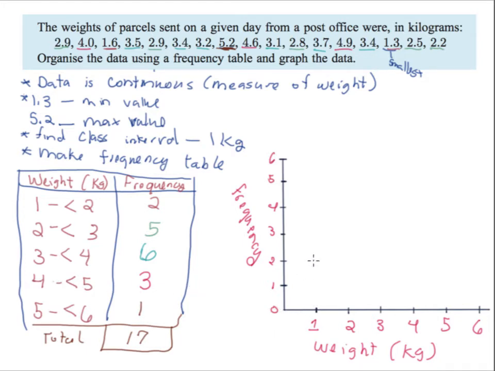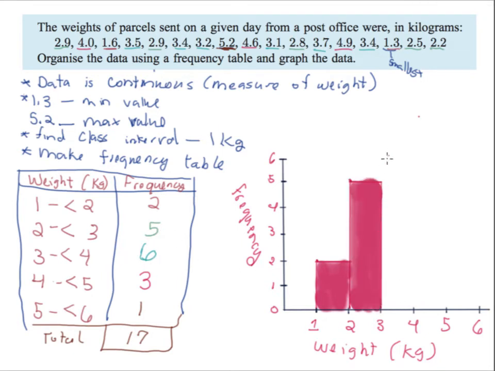So from 1 to 2, we have a height of 2. So I'm going to draw a bar and shade that in. Of course, you're going to shade a little bit better than I can with this tool. Then our second class is 2 to 3, which has a frequency of 5.